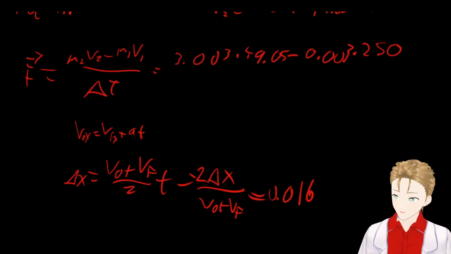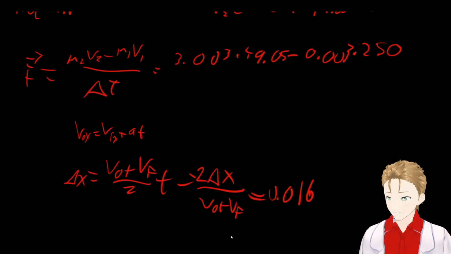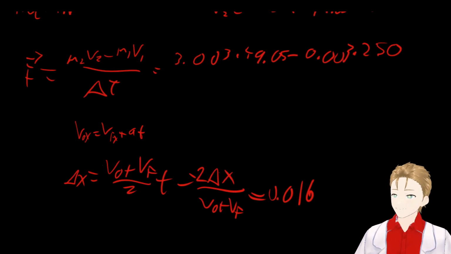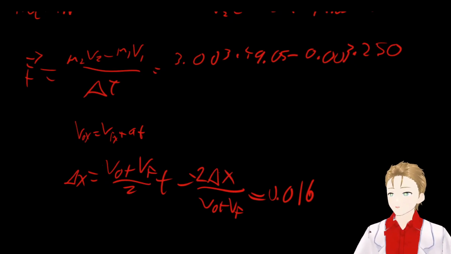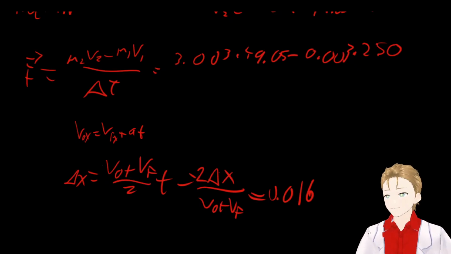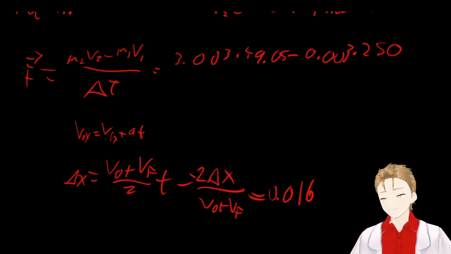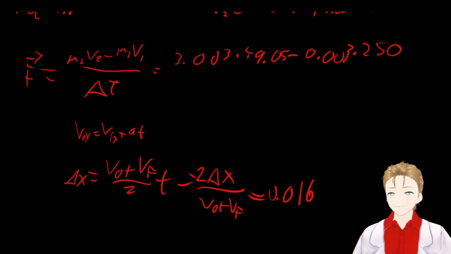So now, 0.03 times 49 minus 0 times 250 divided by the 20. What the hell am I doing even?